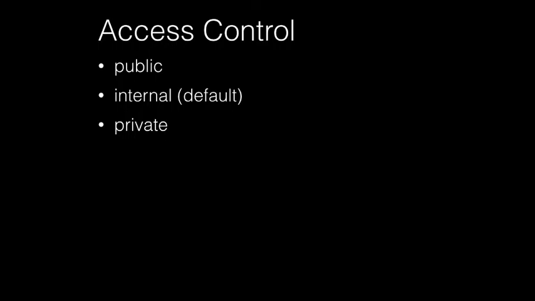There is no equivalent to protected in Swift, and when I first heard that, I was disappointed because I use protected all the time in C#. But then I realized that when you override a member in a class in Swift, you can change its access control. So protected wouldn't really have any usefulness because of that.